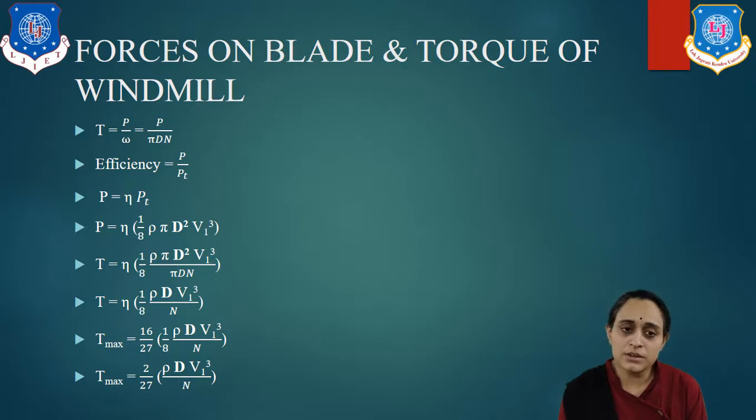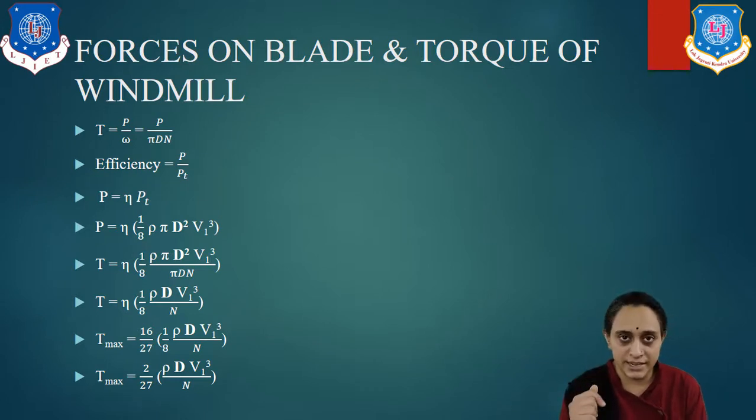Now here let us put the value of efficiency eta. So what is the efficiency eta? The efficiency eta value we have already discussed in our previous session. It is 16 by 27. So that we can write power P is equal to 16 by 27 multiplied by the remaining value. What is the remaining value?